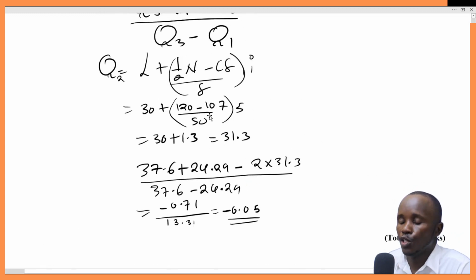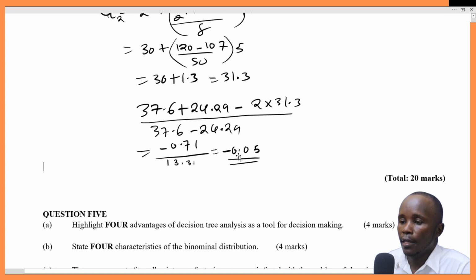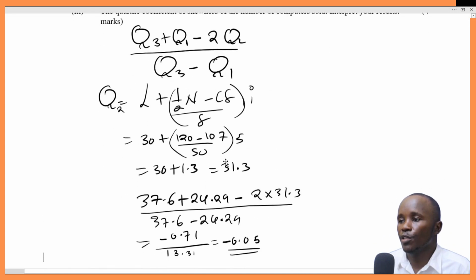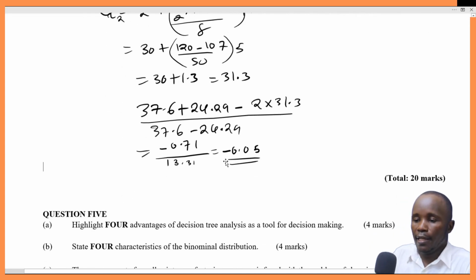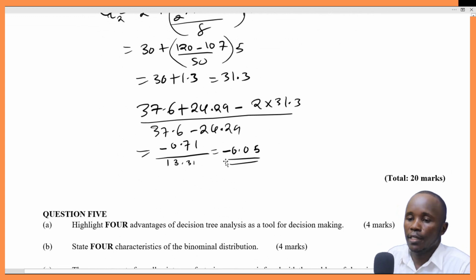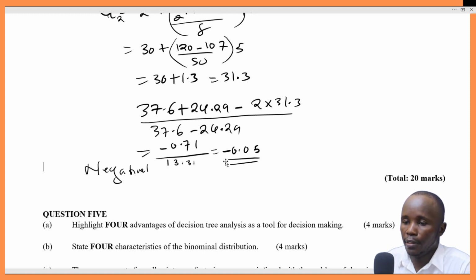Negative 0.05 is closer to 0, of course, but basically you're supposed to interpret it and say that the coefficient of skewness shows it is negatively skewed.